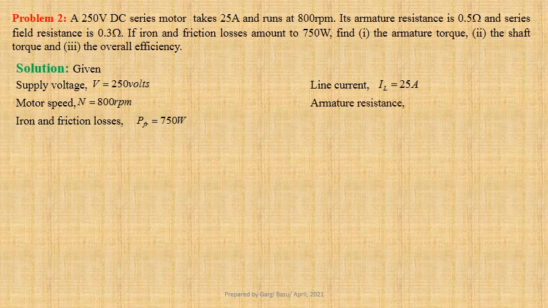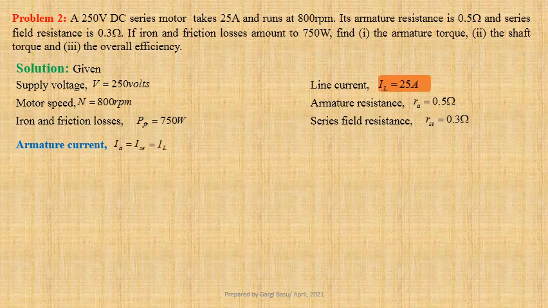Armature resistance RA equals 0.5 ohm. Series field resistance RAC equals 0.3 ohm. For DC series motors, armature current IA equals IAC equals IL, that is equal to 25 ampere at this load.